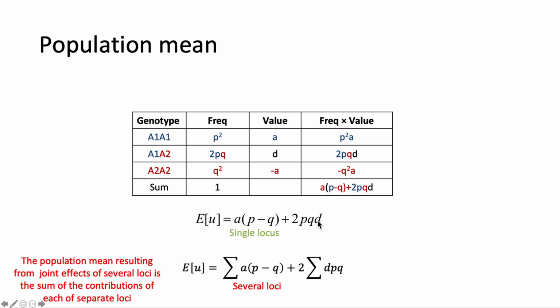And if you are interested in estimating the effect of several loci at the same time, you have to add the effects of every single locus in the population, and then add those values to estimate the mean of the population.